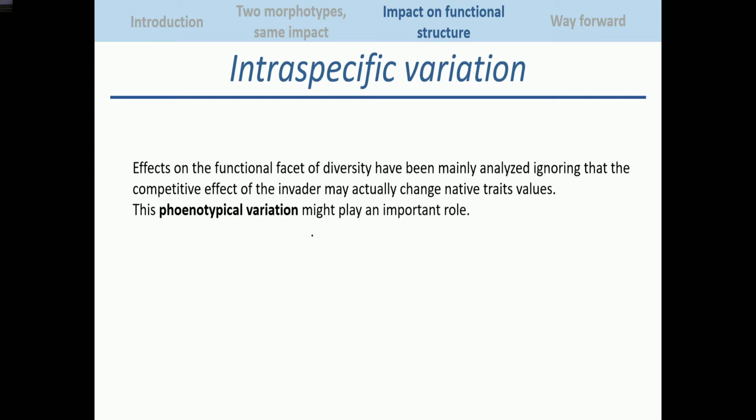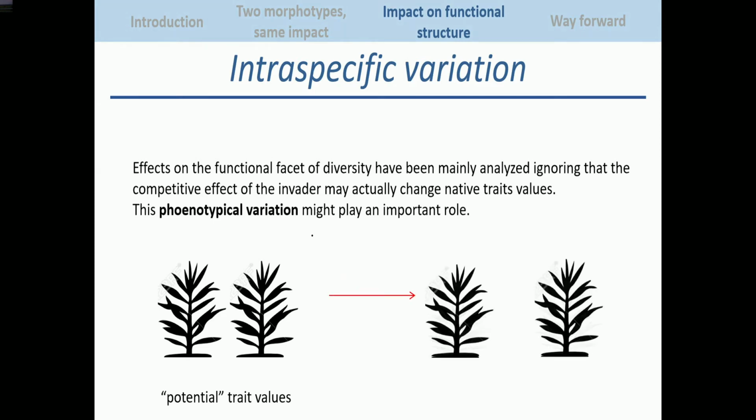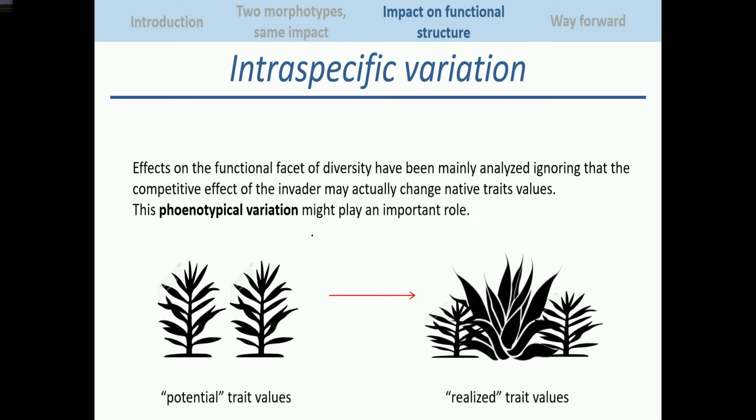I was wondering whether there was some difference between the communities as seen through their potential trait values, so the normal values that are typically used in functional analysis, the mean values in the best conditions, and what I call the realized trait values.